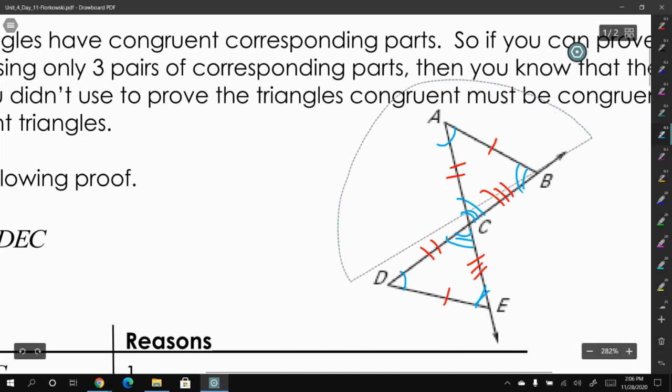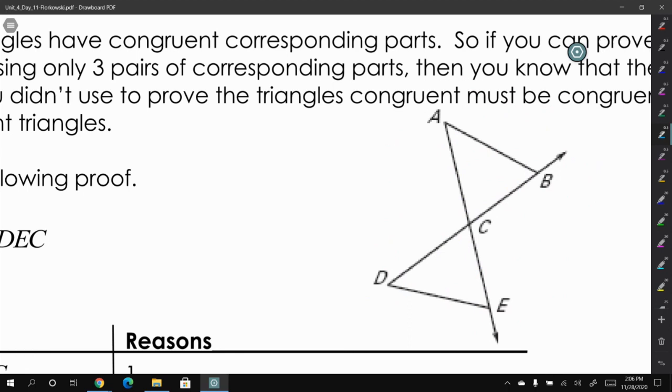So that's what we're going to be doing today: once we prove that these triangles are congruent, we're going to prove that one set of corresponding parts is congruent as well. A pair of sides or a pair of angles are going to be congruent even though those aren't the ones we used to prove that the triangles are congruent.